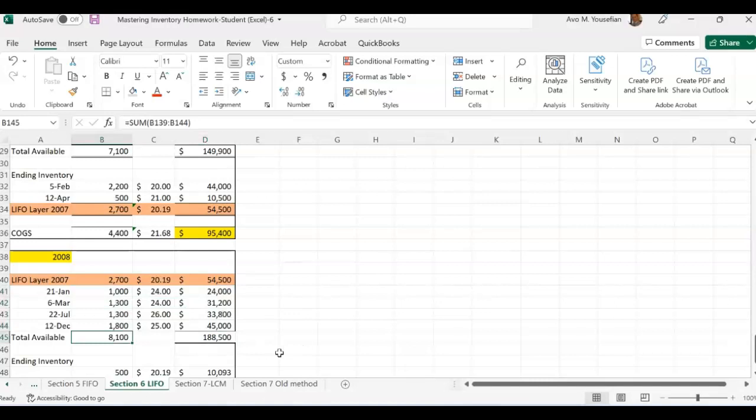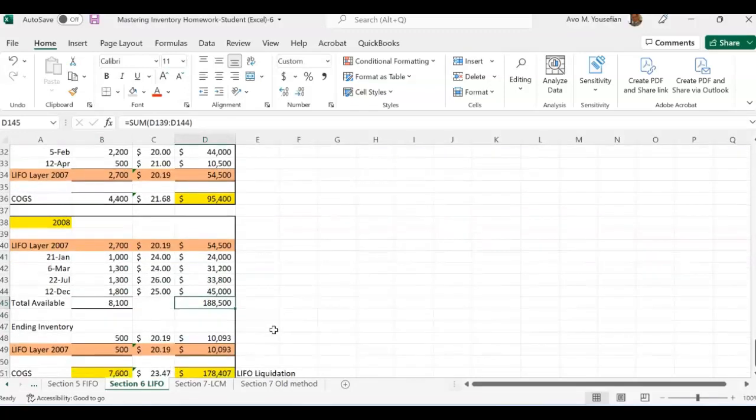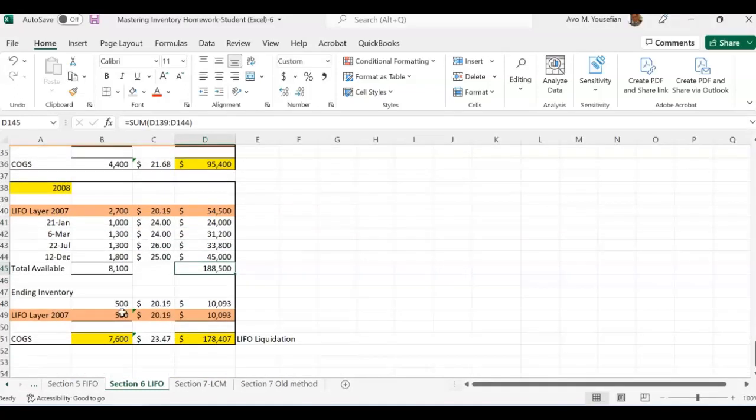And we know that available units, we have 8,100 units, and that's the total cost, $188,500. The ending inventory, we know that it's not giving us exact unit numbers, but it's saying, oh, you sold 7,600 units. So if we sold 7,600 units and we had 8,100 available, that means ending inventory is 500 units, right? So 500 units from where?